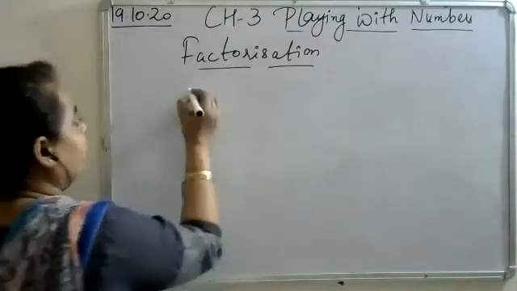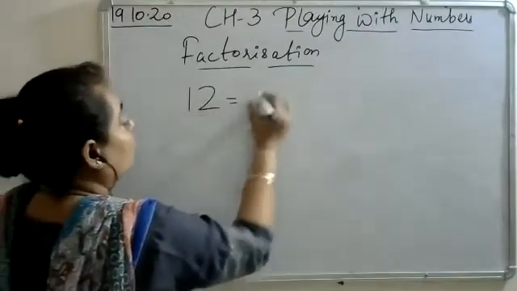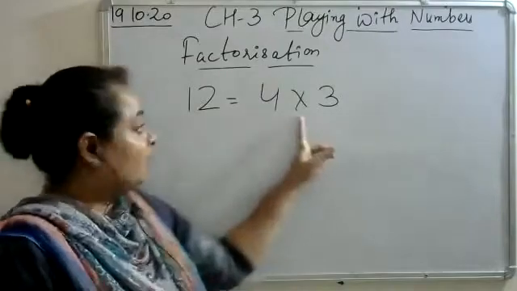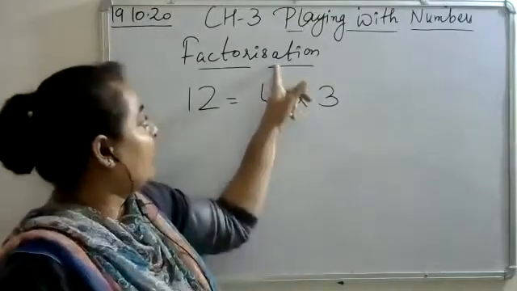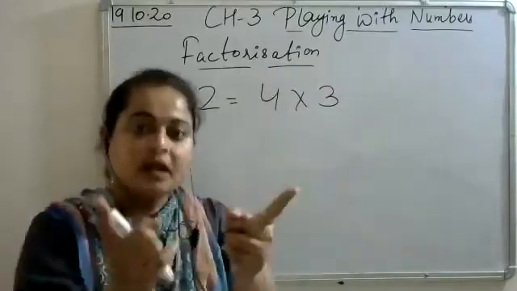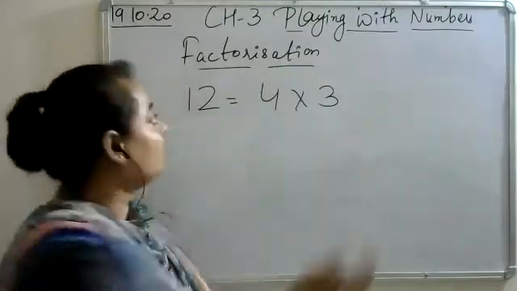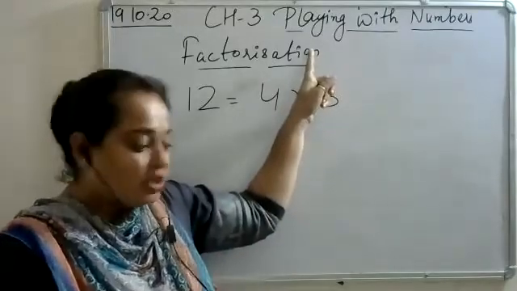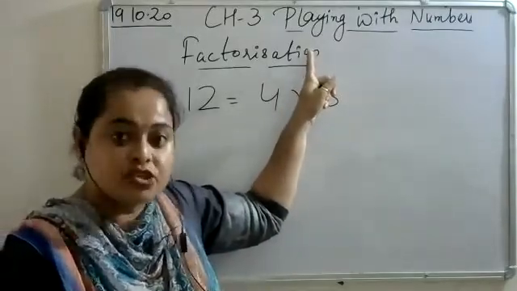Whenever you write 12 is equal to 4 multiplied by 3, then this is known as factorization. Whenever you split a number, this method of splitting is known as the method of factorization.